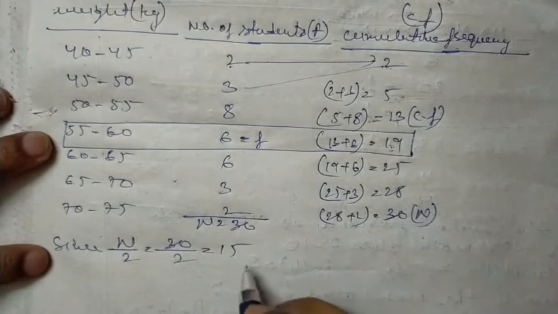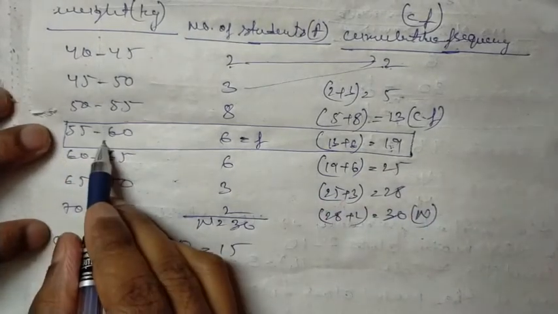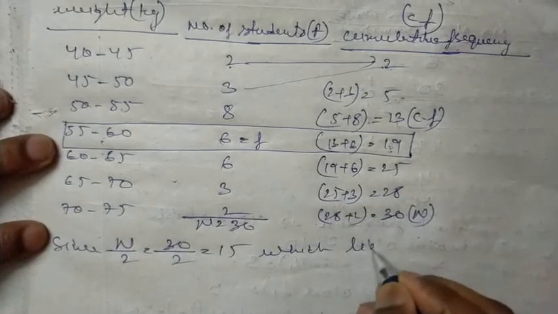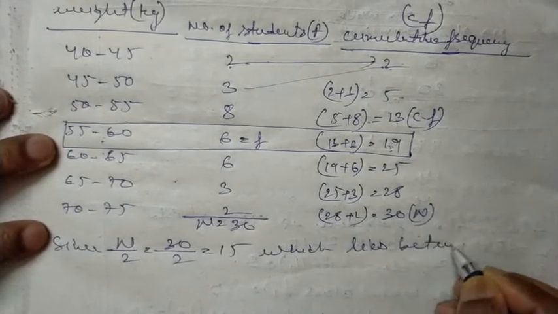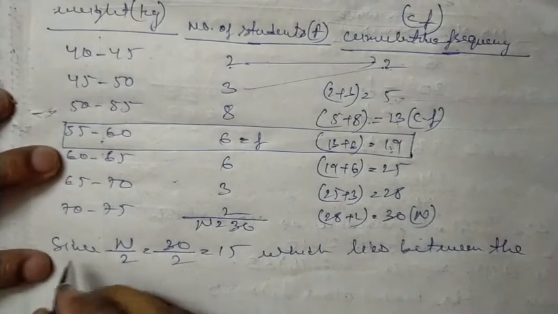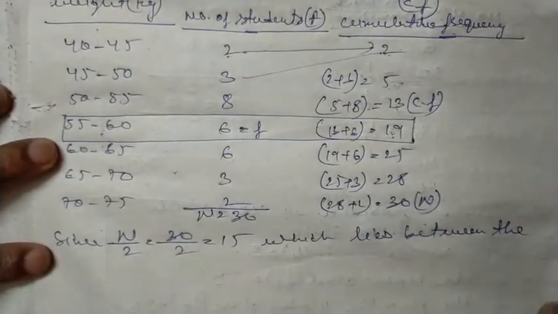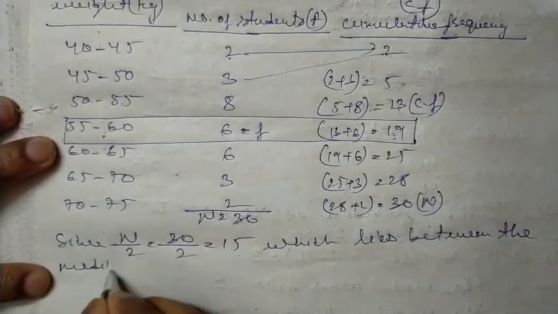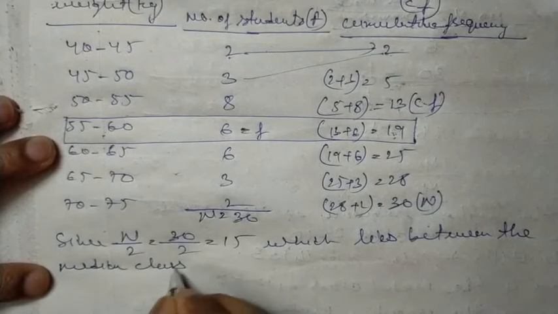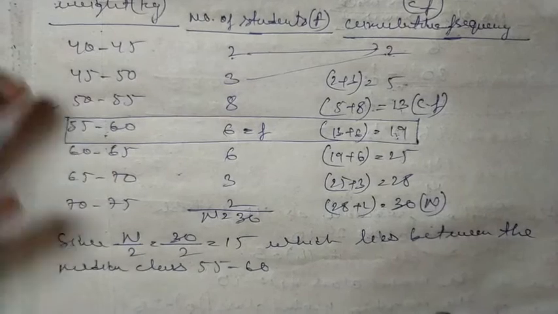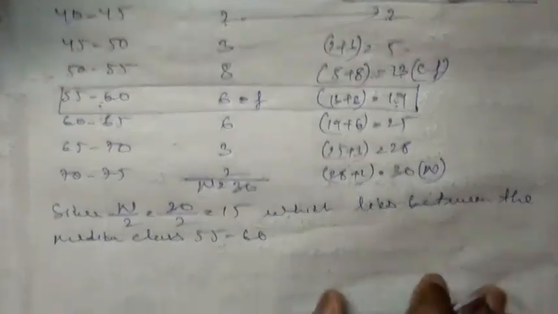And 15 lies here in the median class, which is between 55 to 60.